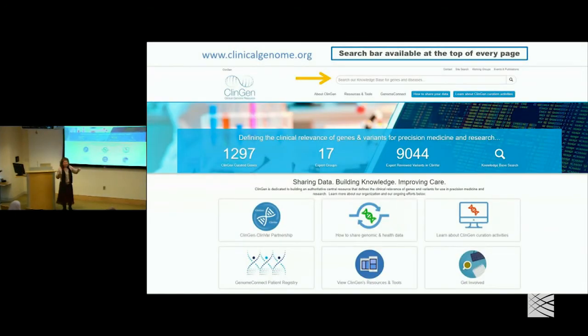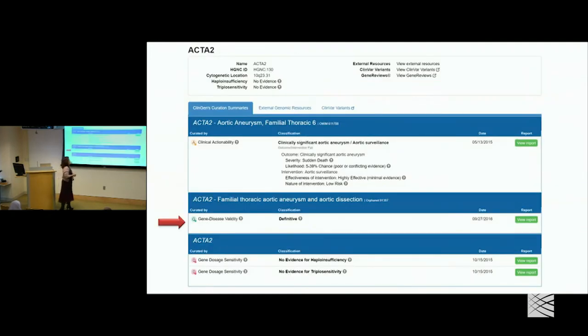All of the classifications that we are doing are on the ClinGen website. On the front page, you can go to search our knowledge base, type in your favorite gene, and if it's been curated, you'll see it. That includes dosage curation also. On the website right now for gene disease validity, there are still only a couple hundred genes, and we're working on getting more of what we've done uploaded.